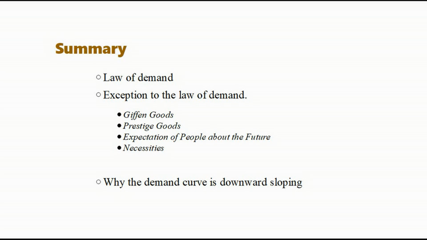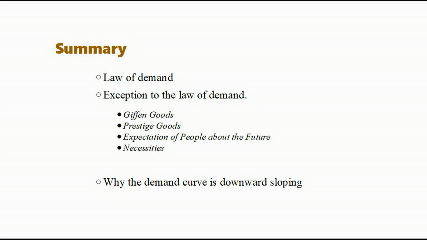In the case of necessities, the same thing also happens. Whenever there is an increase in the price of a commodity, households consume the product in high amounts because necessities are essential for survival. In these cases, we are going to have a positively sloped demand curve. That's why we say exceptions to the law of demand.